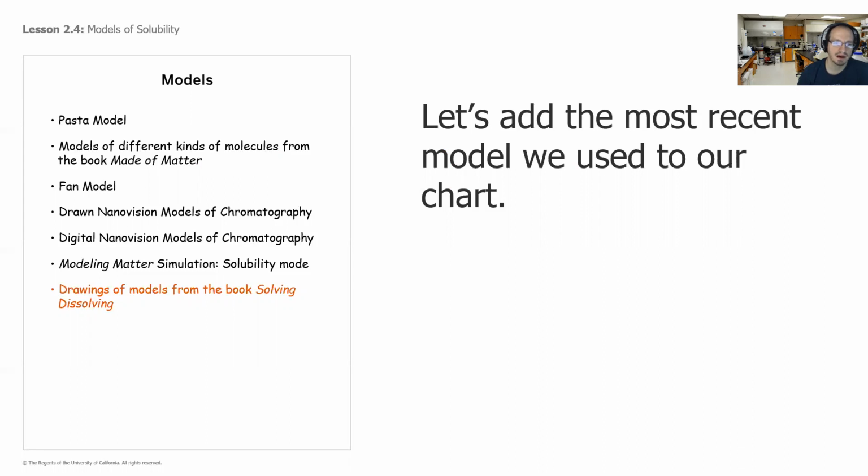We had our fan model. We did drawn and nanovision models of chromatography. Last week, we went into the modeling matter simulation in solubility mode to look at dissolving. And last Friday, we saw drawings of models from our book, Solving Dissolving.